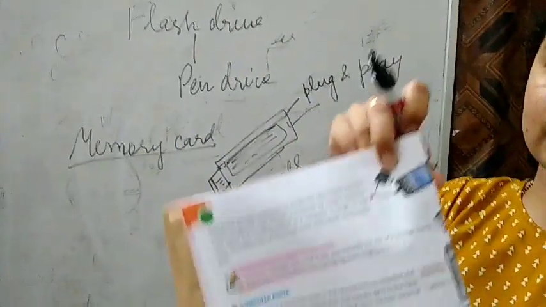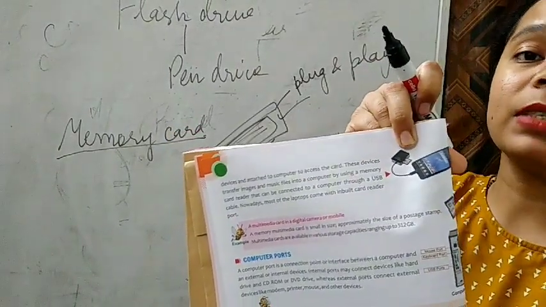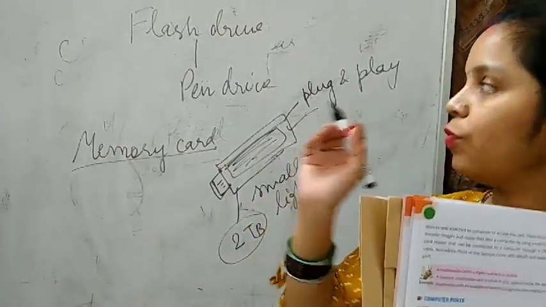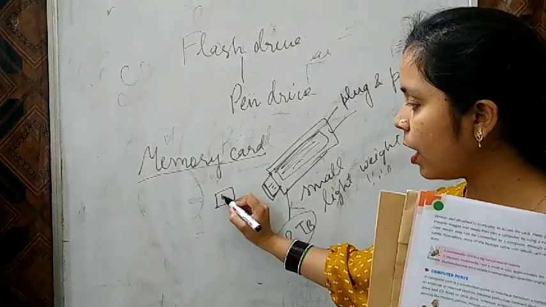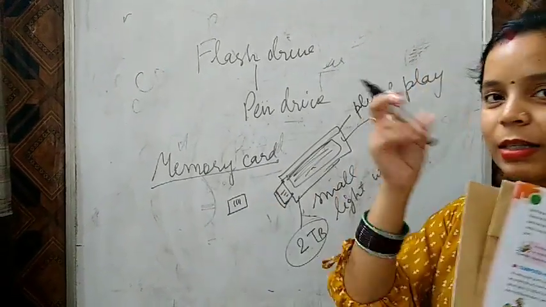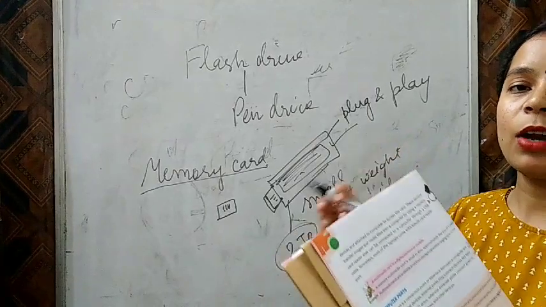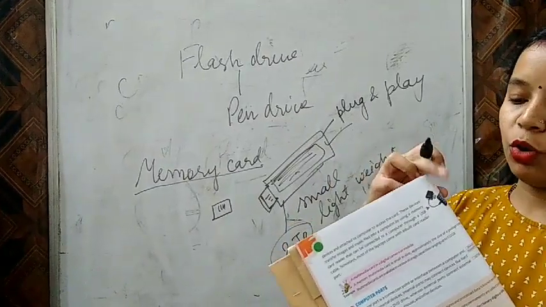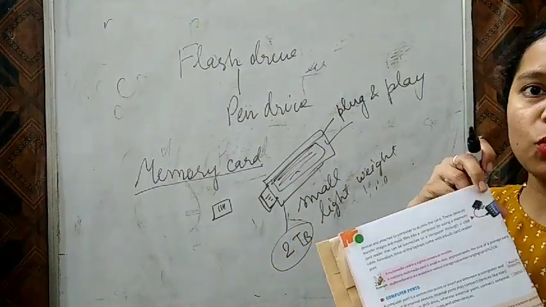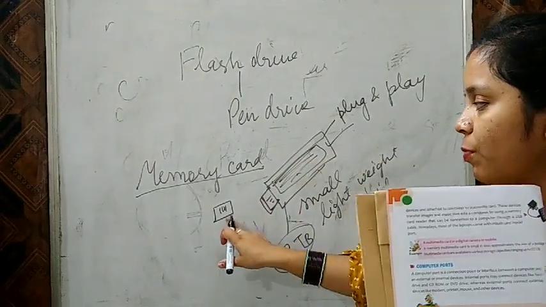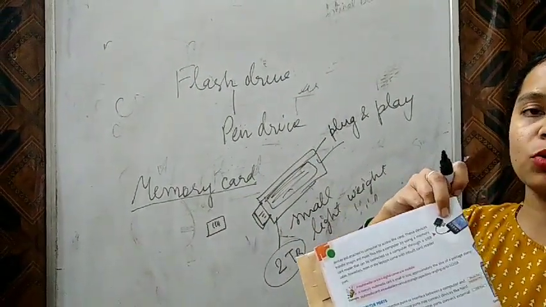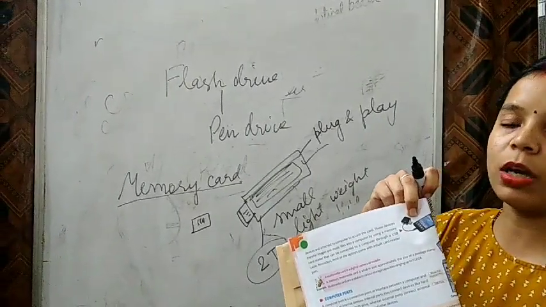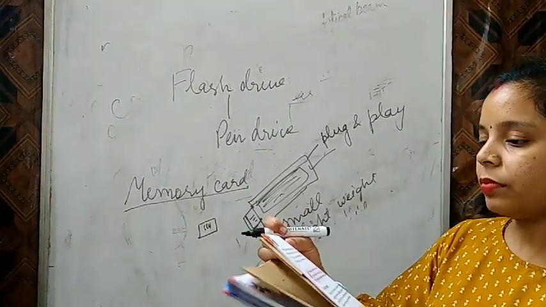One small card like this is inserted inside the mobile, and data is stored on it. You can take it out and transfer the data from this card to a computer. You can attach it to the mobile phone or to the computer also.